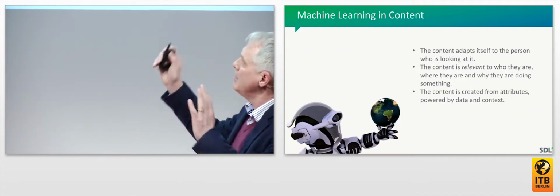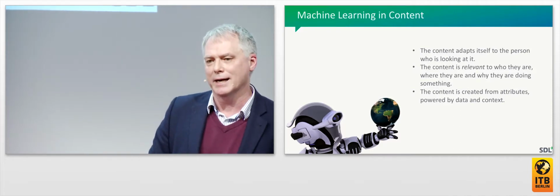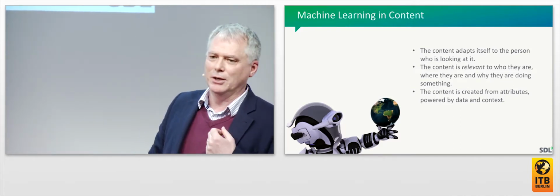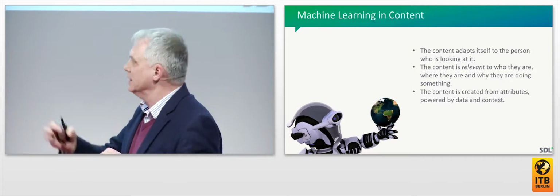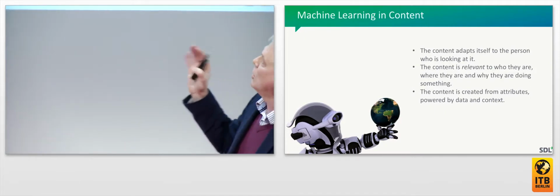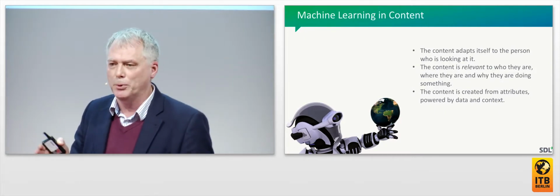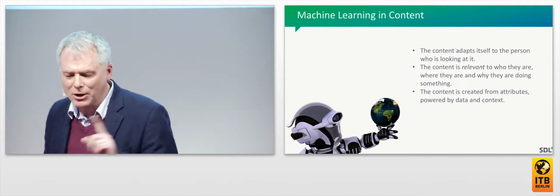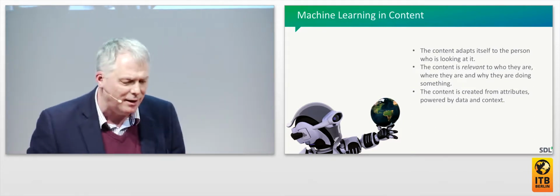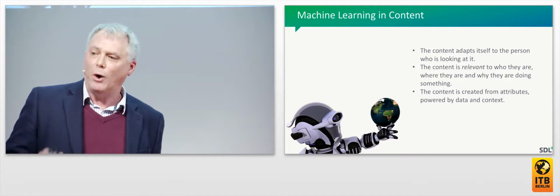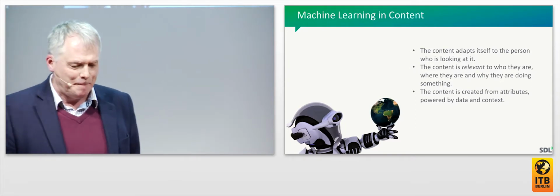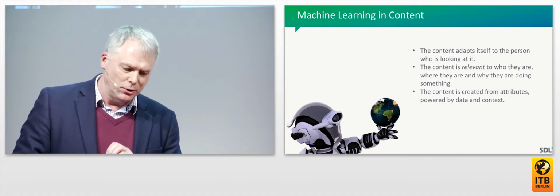So I want to sum up that machine learning and content today is not just about creating, translating, delivering. It's about content that adapts itself to the person who is looking at it. It's about content that's relevant to who they are, where they are, and why they are doing something. It's content created from attributes.